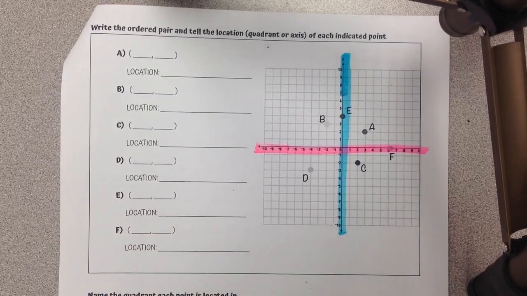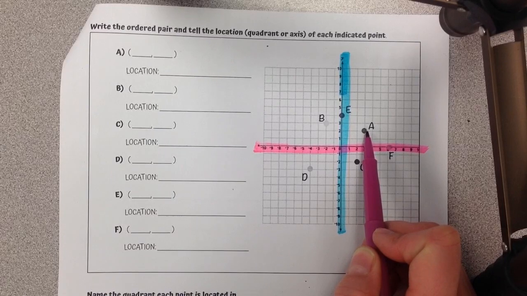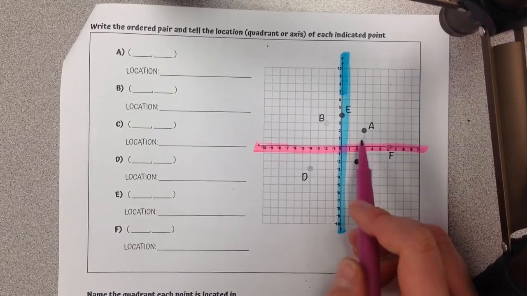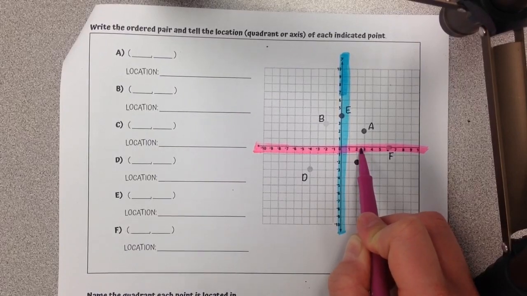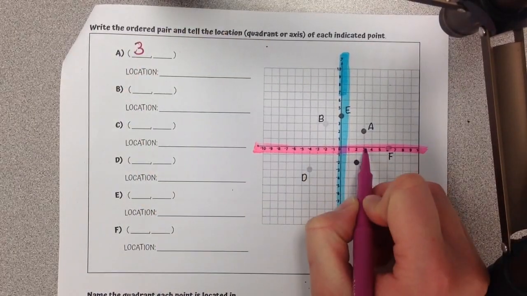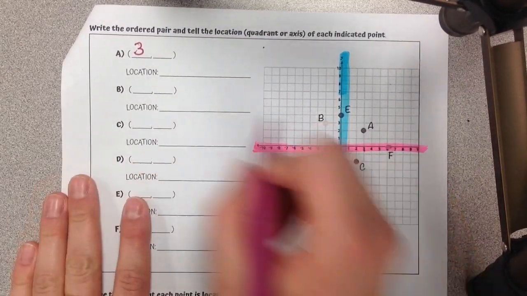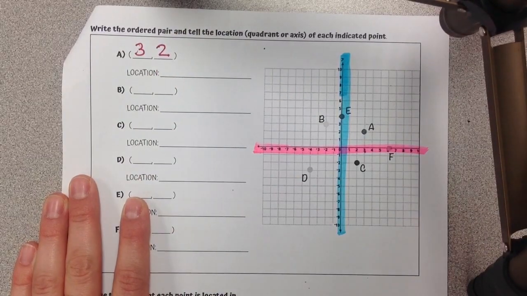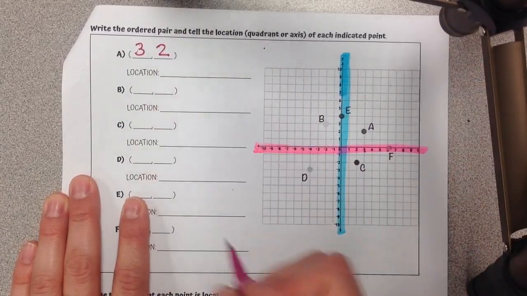Okay, so point A. Point A is located right here. I need to go over from the origin first, left or right. This is right, so I'm going to count. It's over 3. That's my x value, and it's up 2. So (3, 2) is my ordered pair, and it's located in quadrant 1.